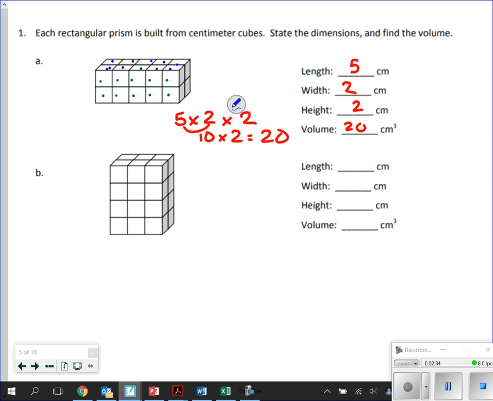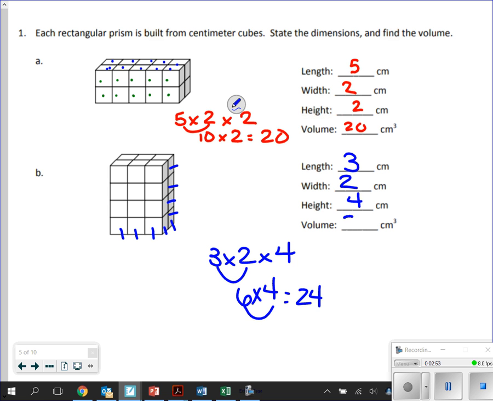So she said 1, 2, 3 was the length. 1, 2 was the width. 1, 2, 3, 4 was the height. 3 times 2 times 4. 3 times 2 is 6. 6 times 4, 24. Is that the only way to do it?